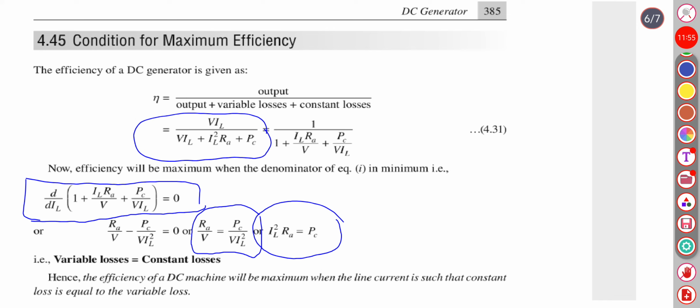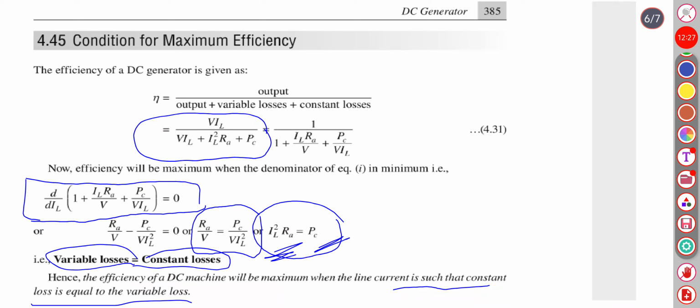So I square R_a are the variable losses and P_c is the constant losses. So when variable losses are equal to constant losses, the efficiency will be maximum. Hence the efficiency of a DC machine will be maximum when the line current is such that constant losses are equal to variable losses.